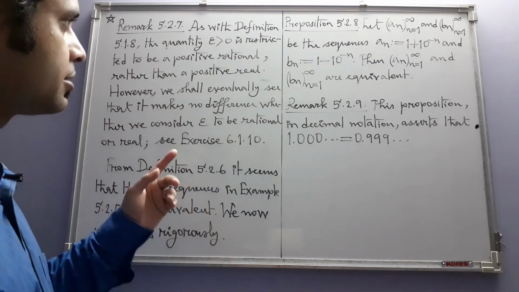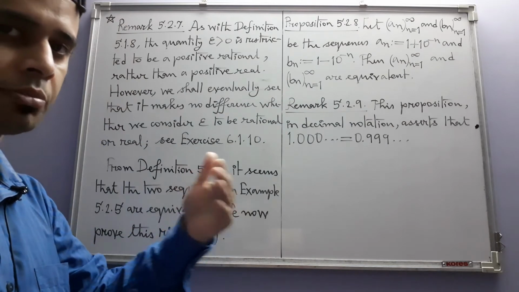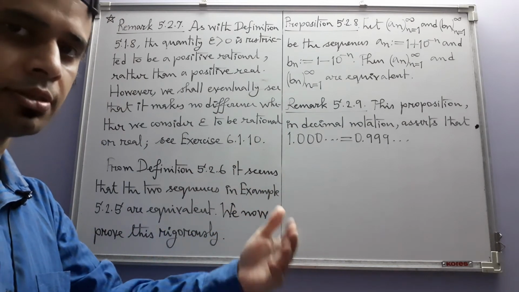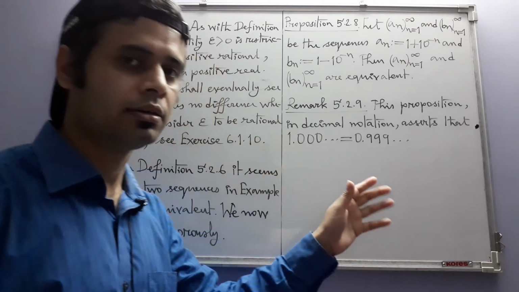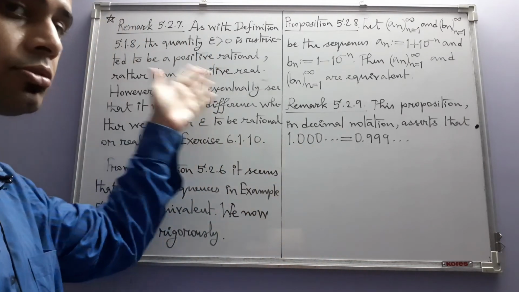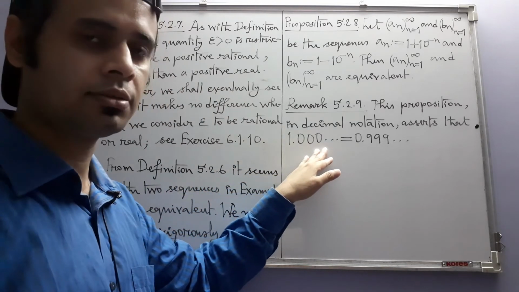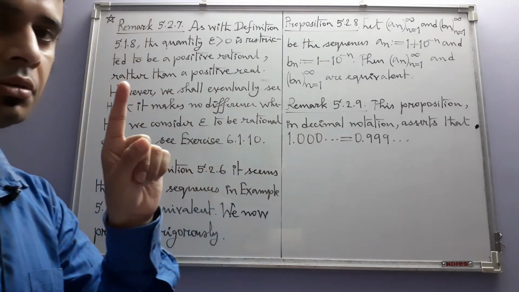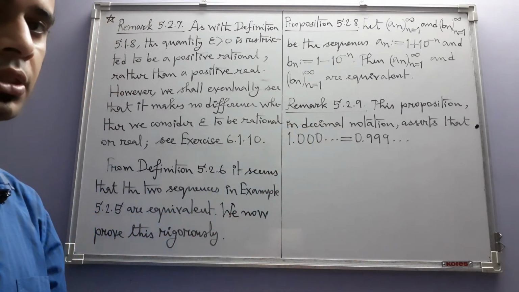If you look at this sequence which goes like this 1.1, 1.01, 1.001 and so on, you can vaguely understand, the way we understood that those two sequences converge to root 2, that the first sequence converges to 1, and the second sequence also converges to 1.